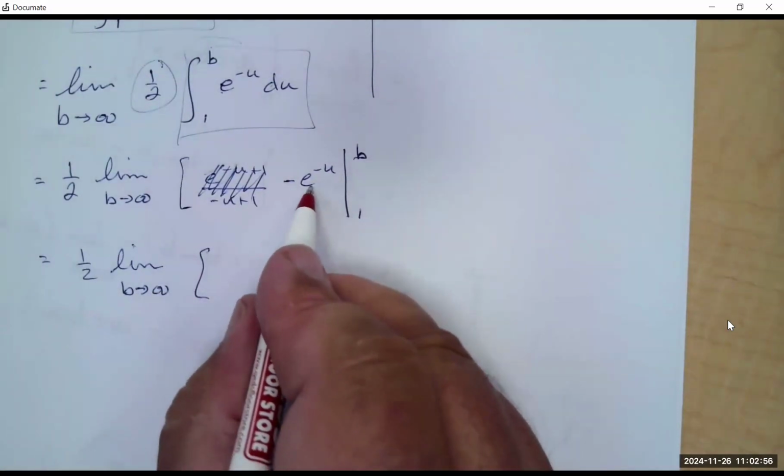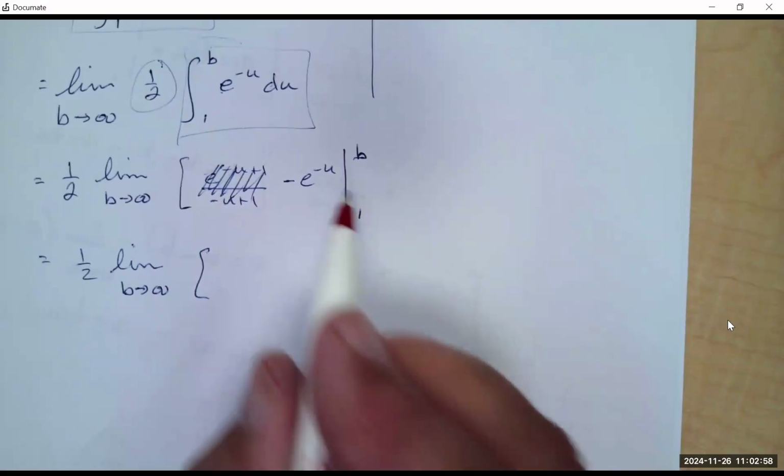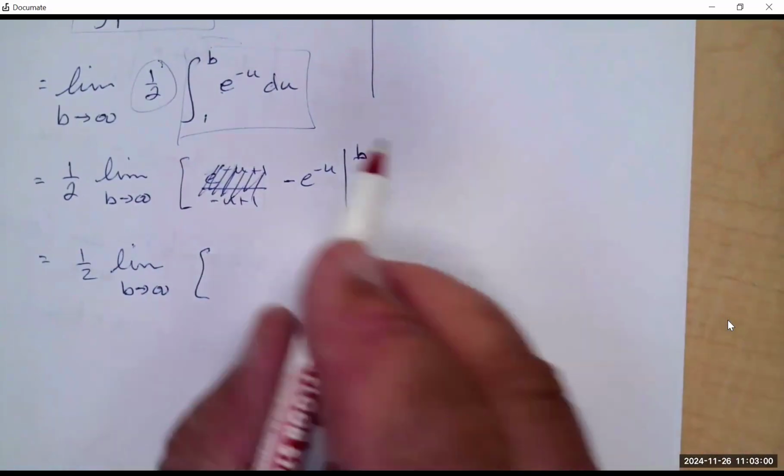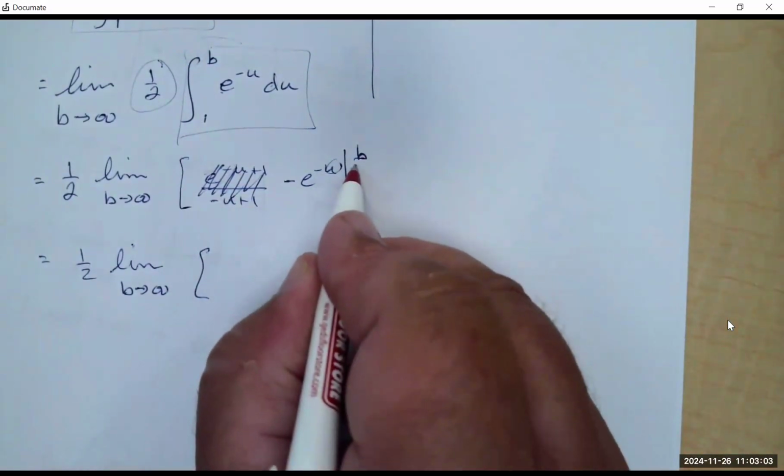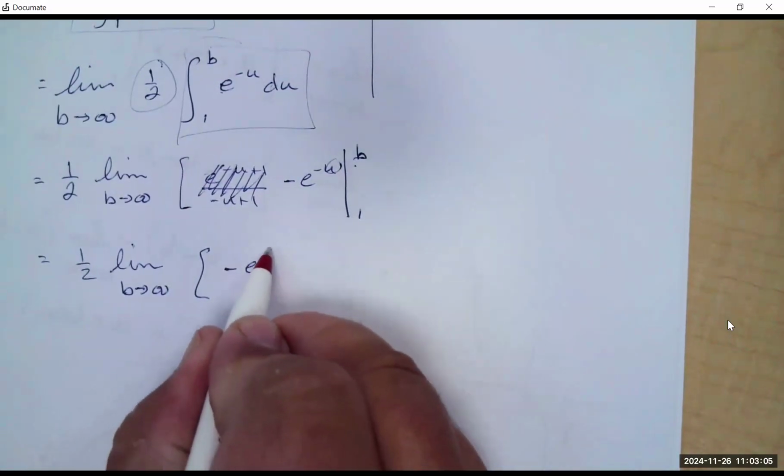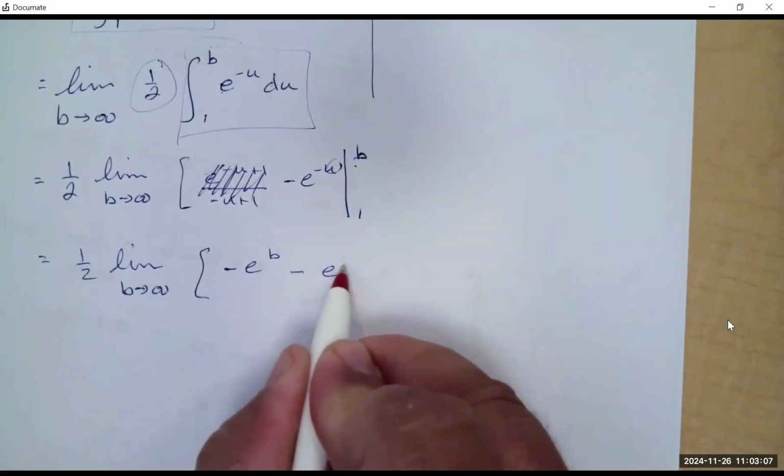So we have negative e to the b minus e to the 1.